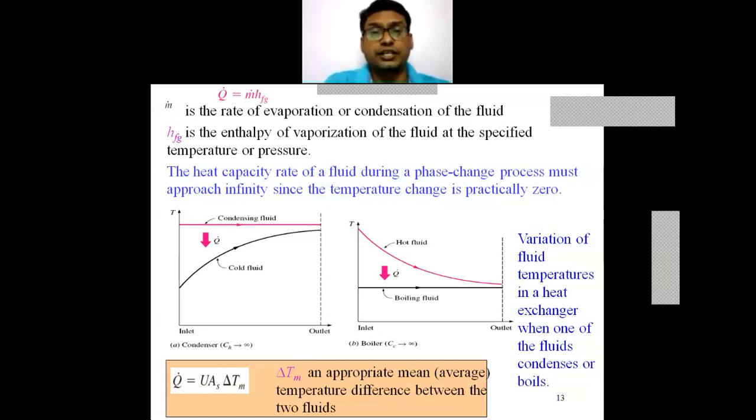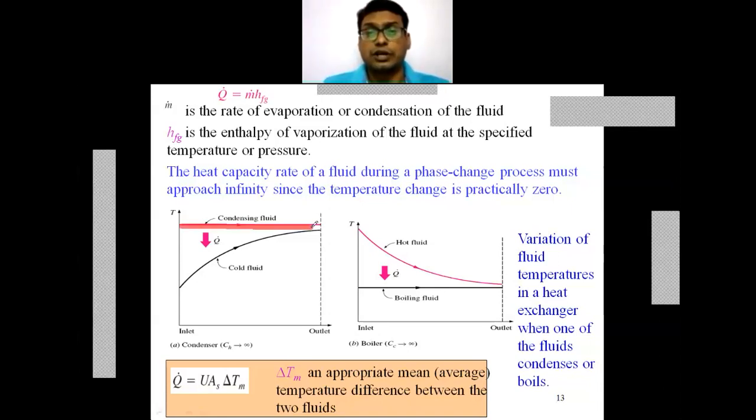And when it's a constant temperature, there we have to consider the condensing fluid, which will be having a constant or a straight line, where the temperature gradient is not available for the hot fluid. So a condensing fluid will have a straight line.